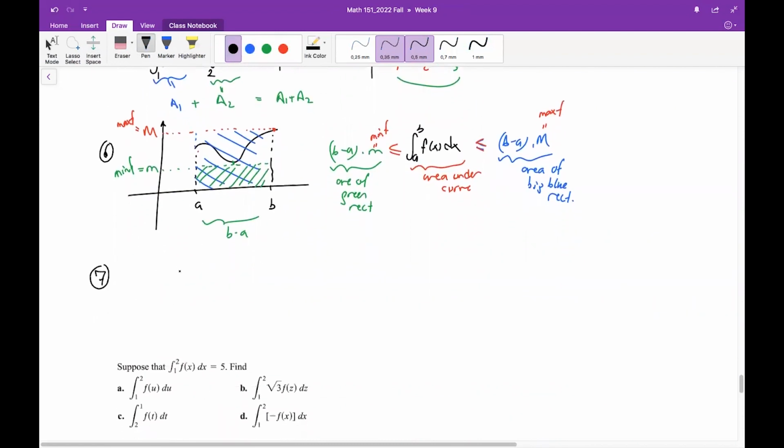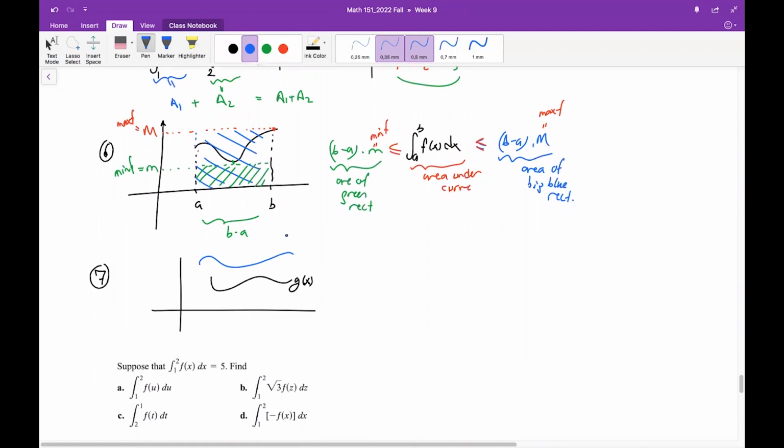Again, let's assume that your functions are non-negative. And let's say f has this graph and g has this graph. And if you integrate them over this closed interval AB, what happens to the definite integrals? We are concentrating over the closed interval AB.